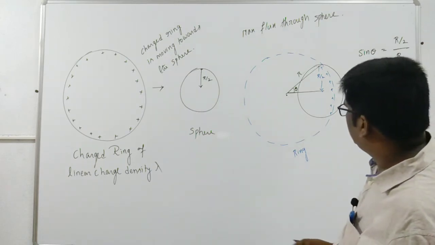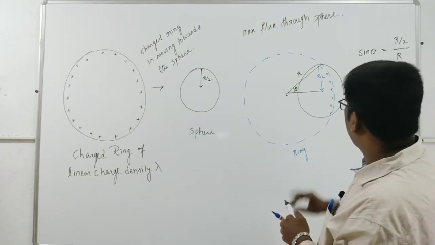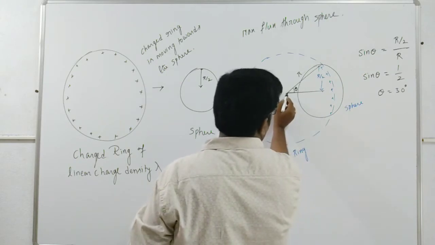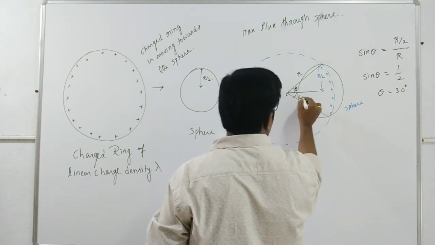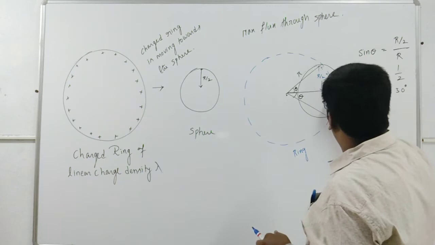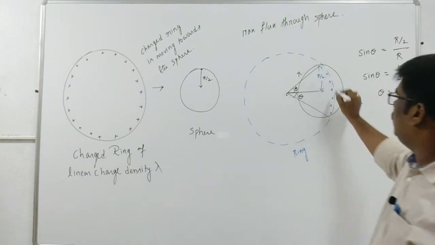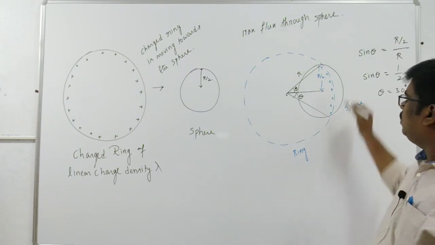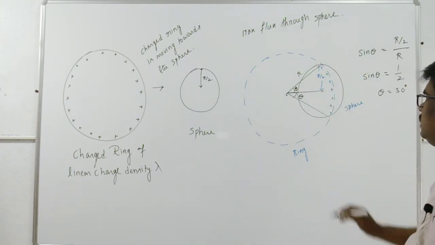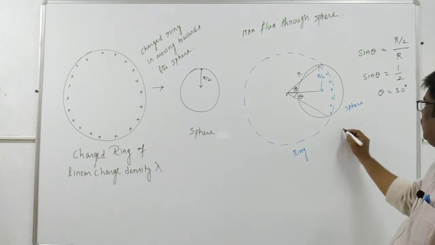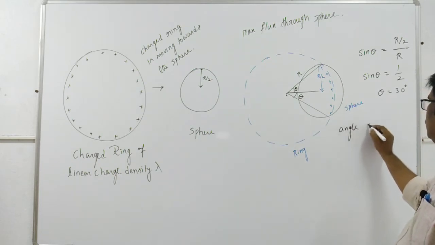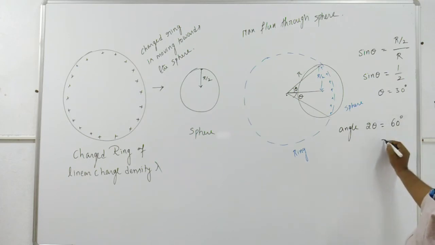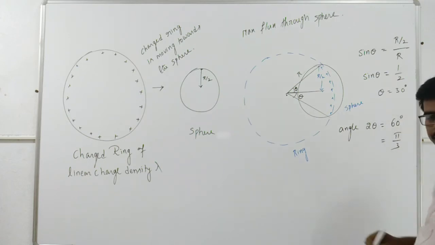Similarly, another part makes another angle theta. Totally, the arc length we can find by taking angle 2 theta equals arc length by radius r. Therefore angle 2 theta, that is 2 into 30, is 60 degrees, which is pi by 3.